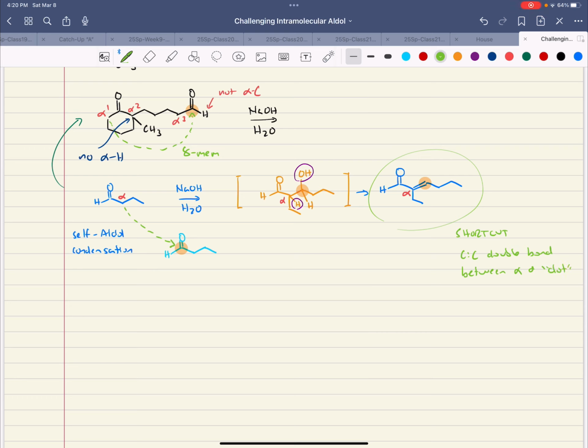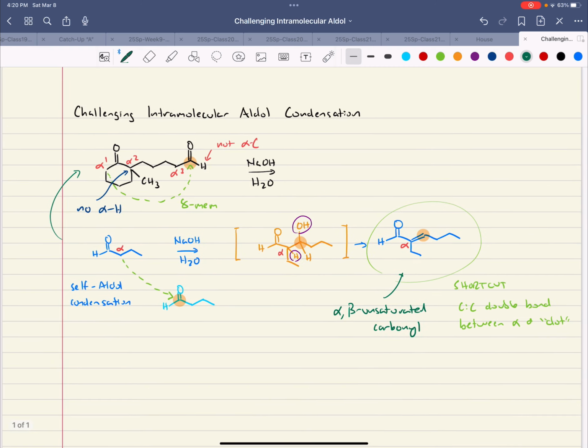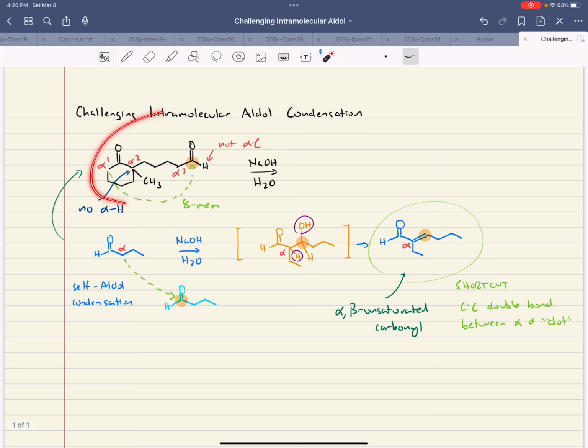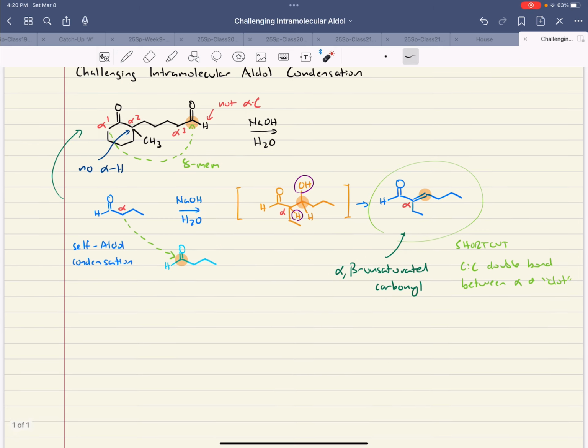You know, that dot used to be the carbonyl carbon, okay? We ultimately get what's called an alpha, beta unsaturated aldehyde or ketone, or just say unsaturated carbonyl. So if we don't get that in our more challenging problem, then something went wrong.